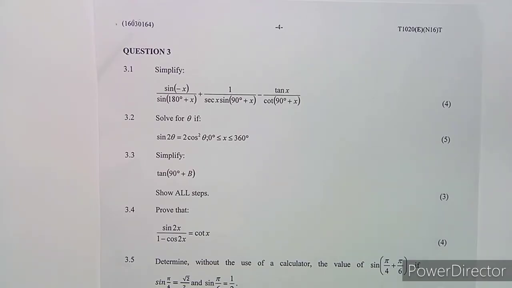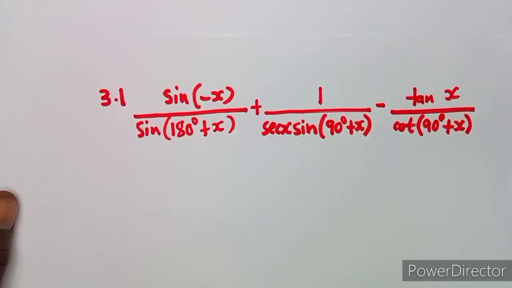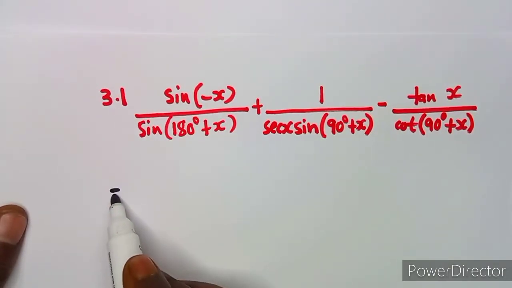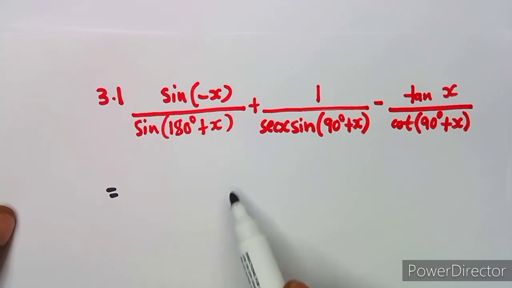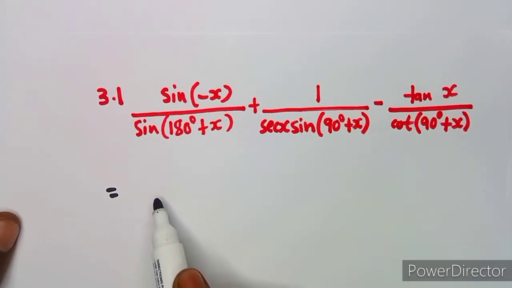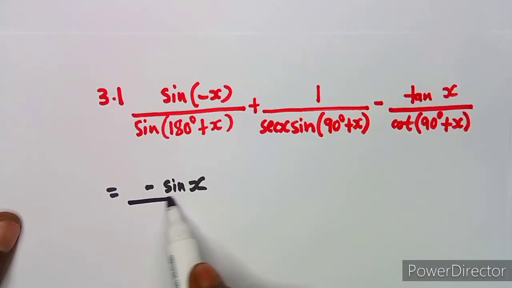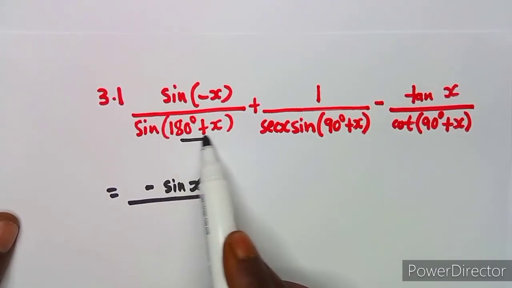Take note, guys, whenever you're working with trig, it's all about the quadrants that you're going to use. There we are given sine of minus x. Remember, sine of minus x is in the fourth quadrant, and in the fourth quadrant sine is negative, so it's going to be minus sine x over sine of 180 plus x.